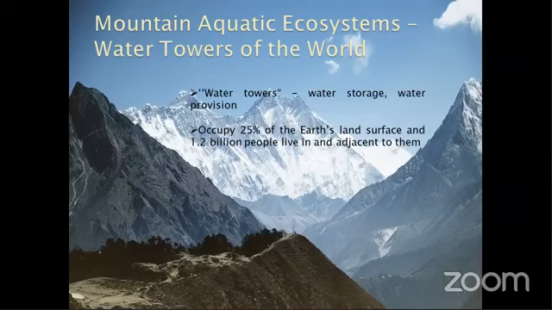I would like to explain the term water towers, which is widely used in many references related to aquatic mountain ecosystems. Actually, it's a symbolic term, which means water storage in function of water provision. We can say that mountains are water towers of the world because they supply half of the world's population today with fresh waters.